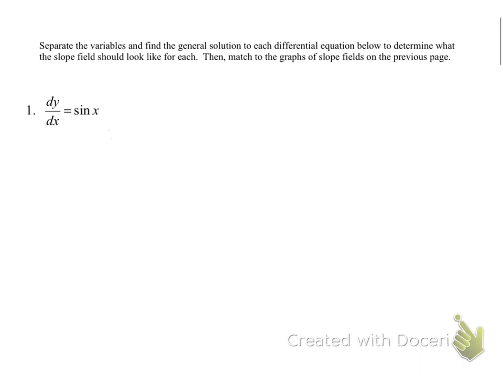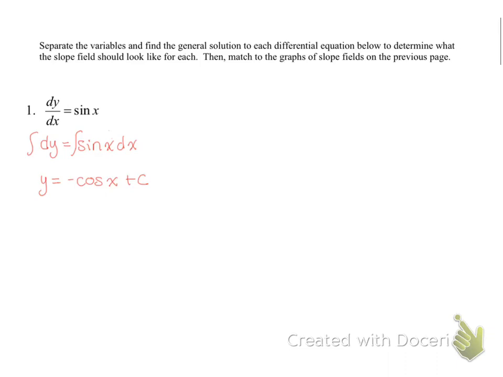Okay, so here we're looking at dy dx is equal to sine x. If we do separation of variables, we have dy equals sine x dx, and then integrate, you should get y is equal to negative cosine x plus c.